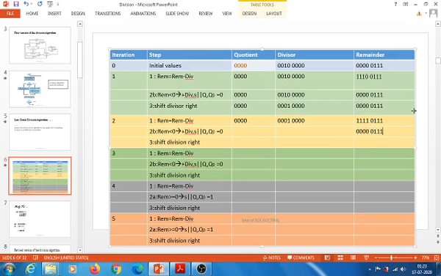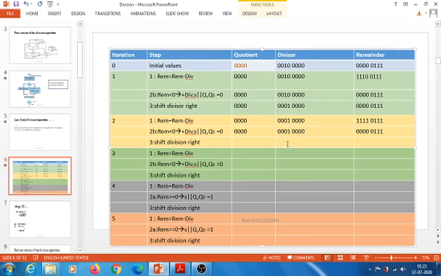Okay, and the next step, I also need to shift the quotient register to the left, setting it to 0. Already it is 0, so there is no change in that. The quotient is 0 and there is no change in the divisor, so it is 0, 0, 0, 1 and 0, 0, 0, 0. Now I want to shift the divisor to the right.